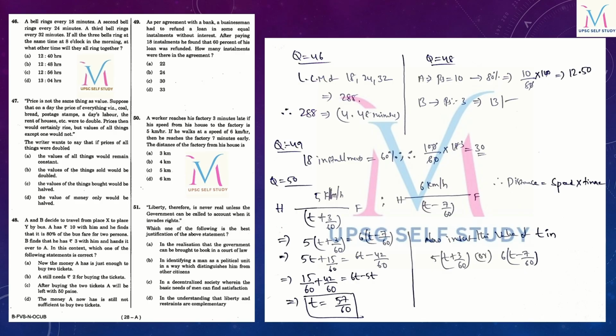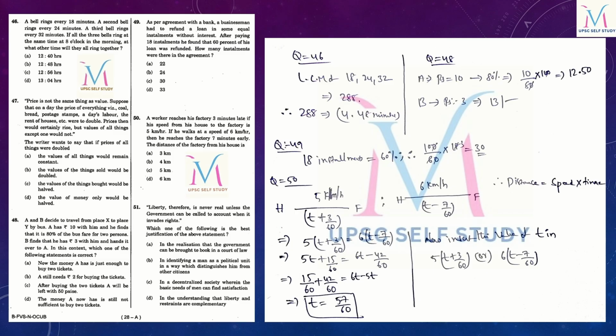But B has 3 rupees and he is giving that 3 rupees to A. Now the options are: enough for buying tickets, or A still needs 2 rupees, or A will be left with 50 paise, or not sufficient to buy tickets. Now look at the solution box.